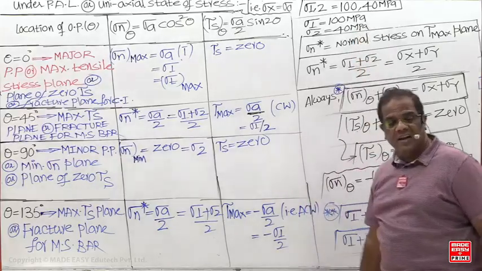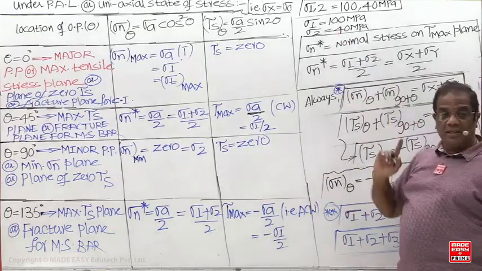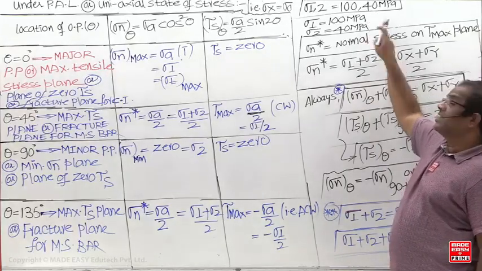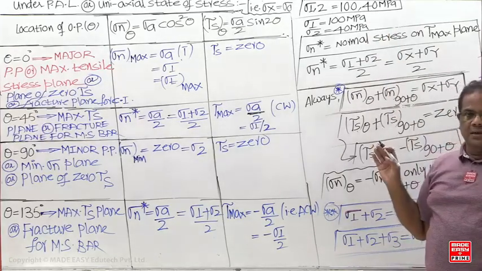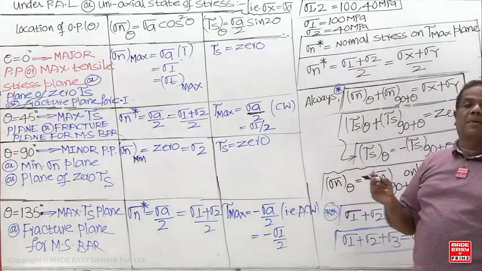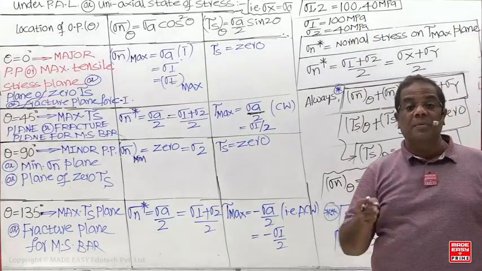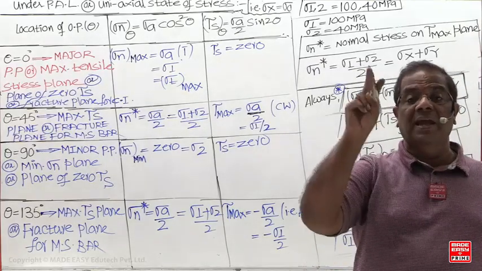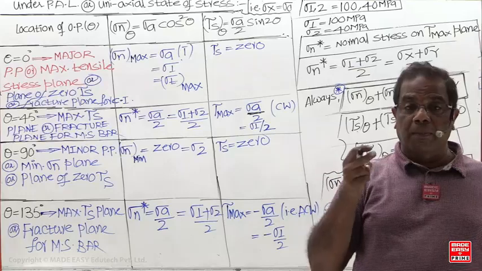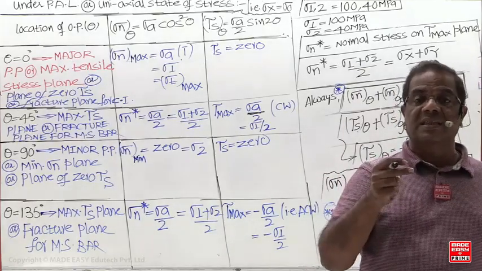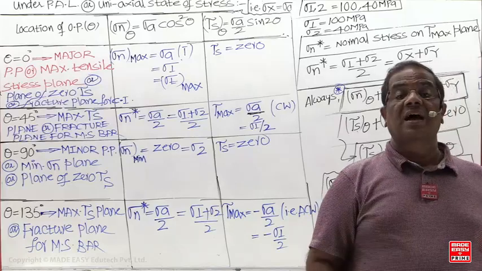Both are tensile, so one will be called a maximum tensile stress and the other a minimum tensile stress. If both are negative, one will be a maximum compressive, one will be a minimum compressive. So when should I use the words maximum and minimum? They are used when both are like in nature. Therefore, principal planes are also known as maximum and minimum normal stress planes when the principal stresses are like in nature.